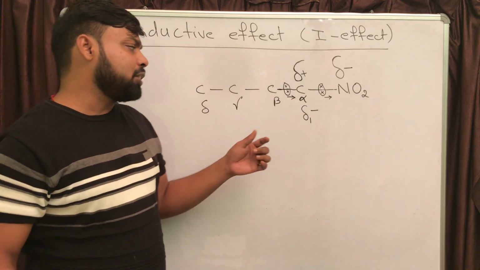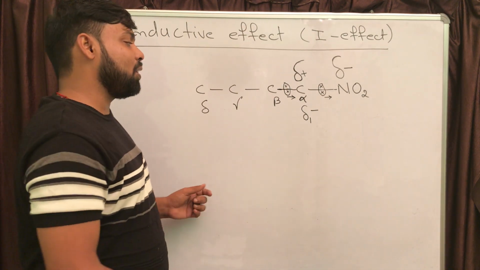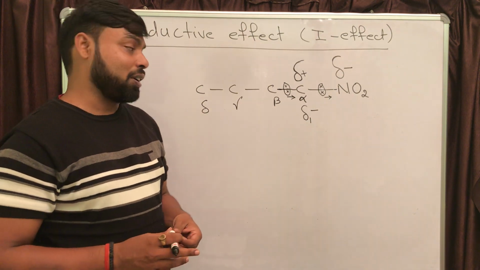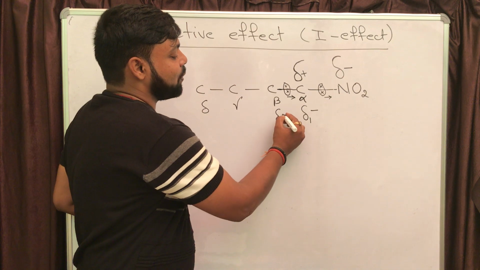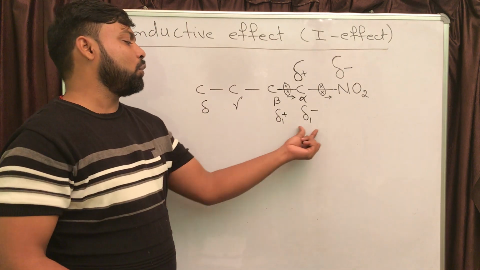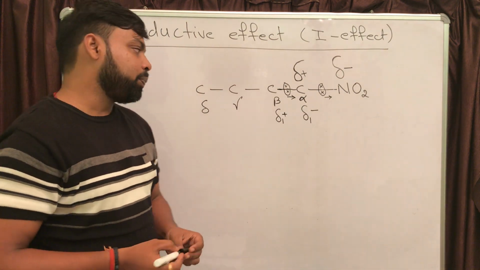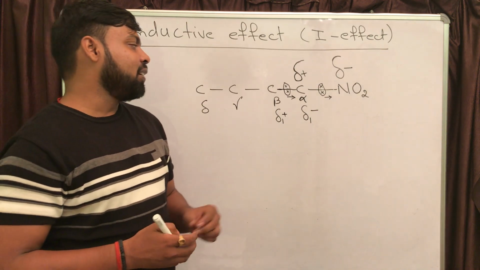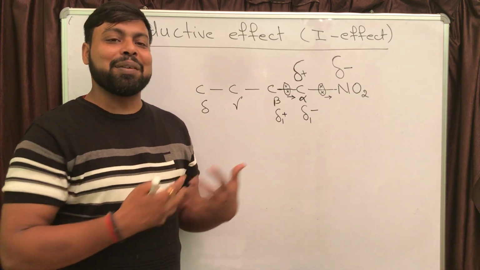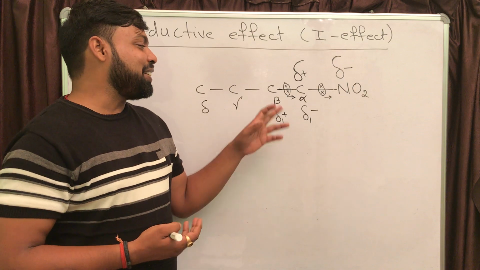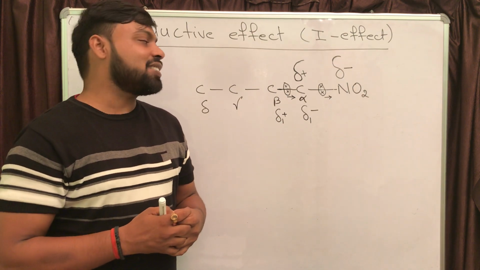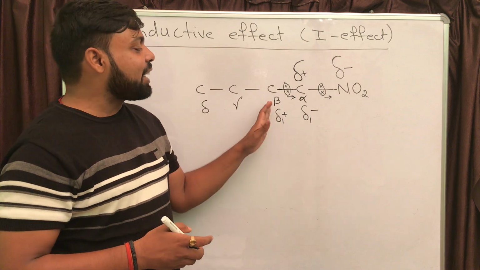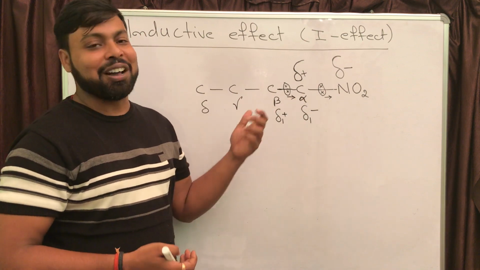And if it happens, definitely beta carbon will also acquire some partial positive charge, and it will be equal to delta 1 positive. The numerical value of these two is going to be equal. Next, what is happening? The beta carbon is now becoming electron deficient. This beta carbon also will try to decrease its electron deficiency, but it cannot pull electron back from alpha carbon.